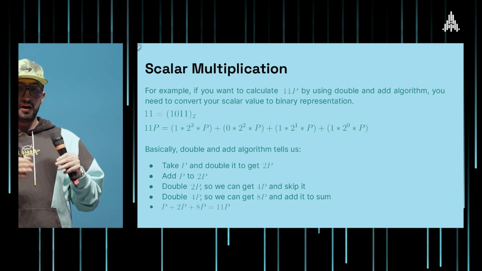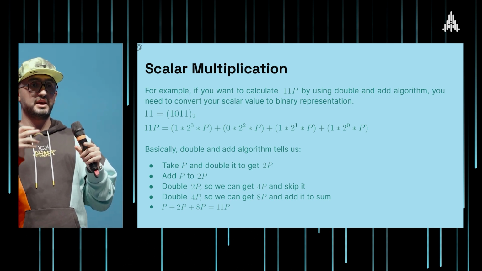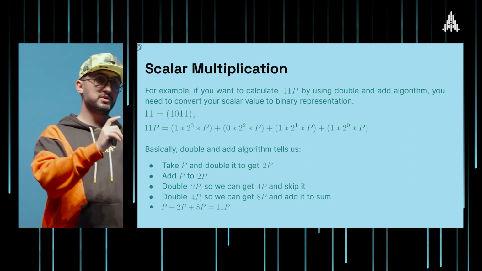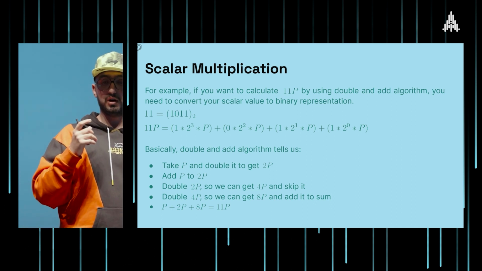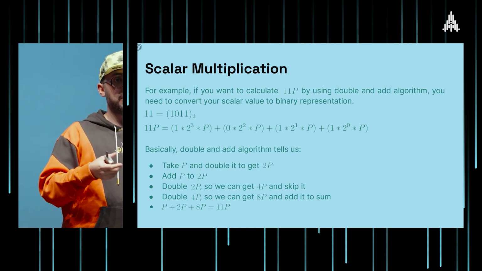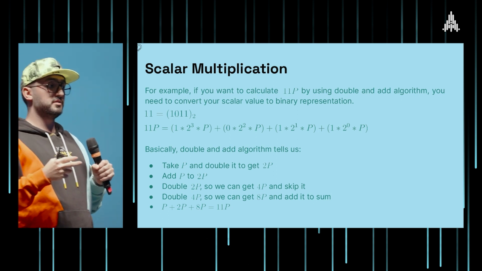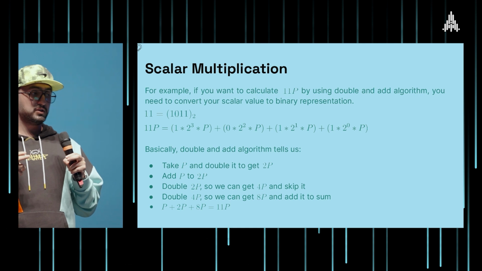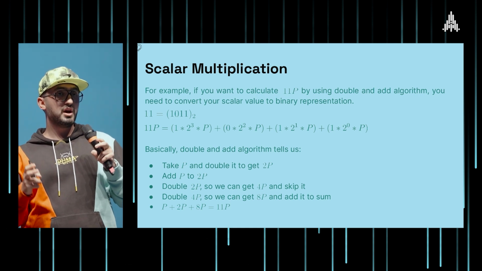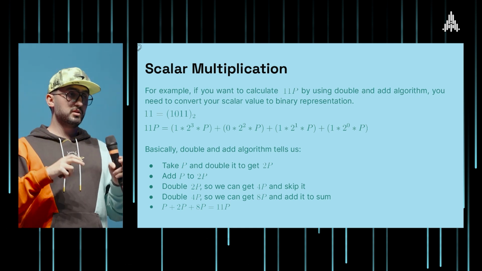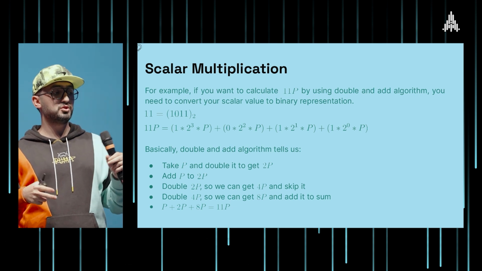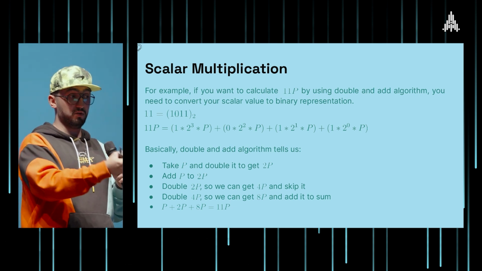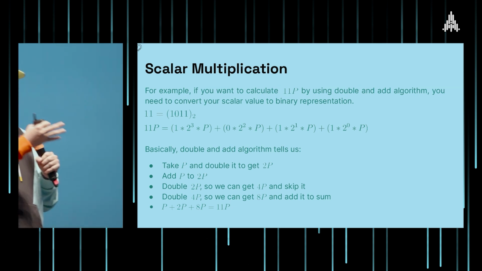You can add all of these P's and you will get scalar numbers before your group element, which we call scalar fields. With these scalar numbers, we can use addition and doubling operations to calculate, for example, 11P. So how do we do that?